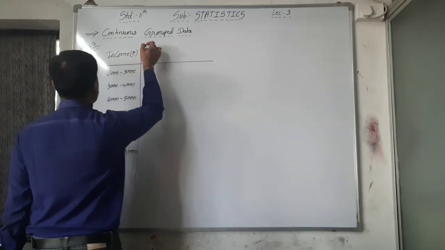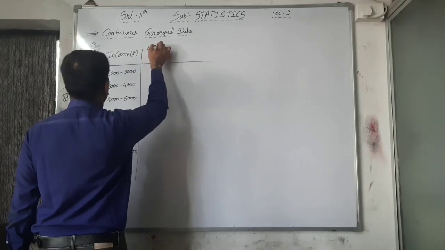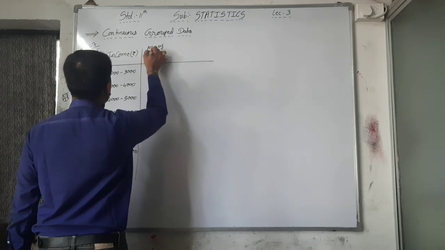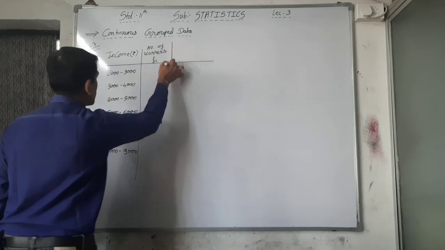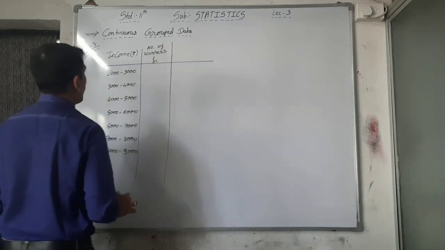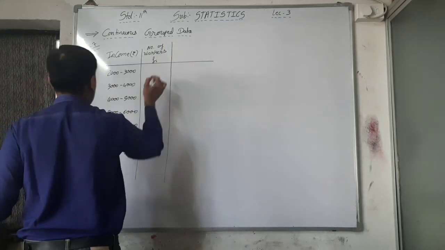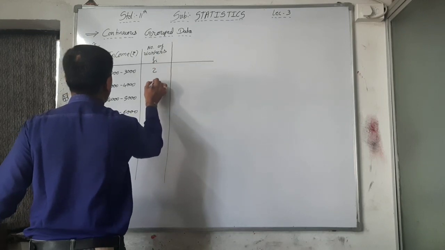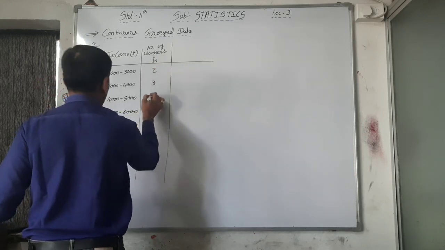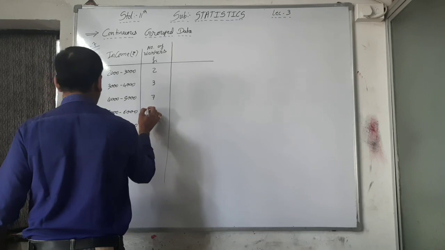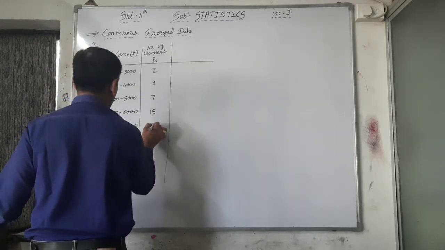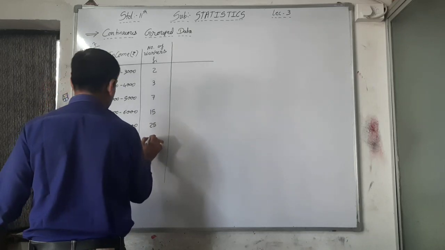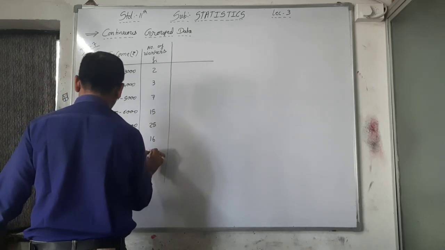Now the frequency is given, that is the number of workers. That is your frequency, that's why it is called Fi. Now the frequency is 2, then 3, then 7, then 15, then 25, then 16, and then 12.